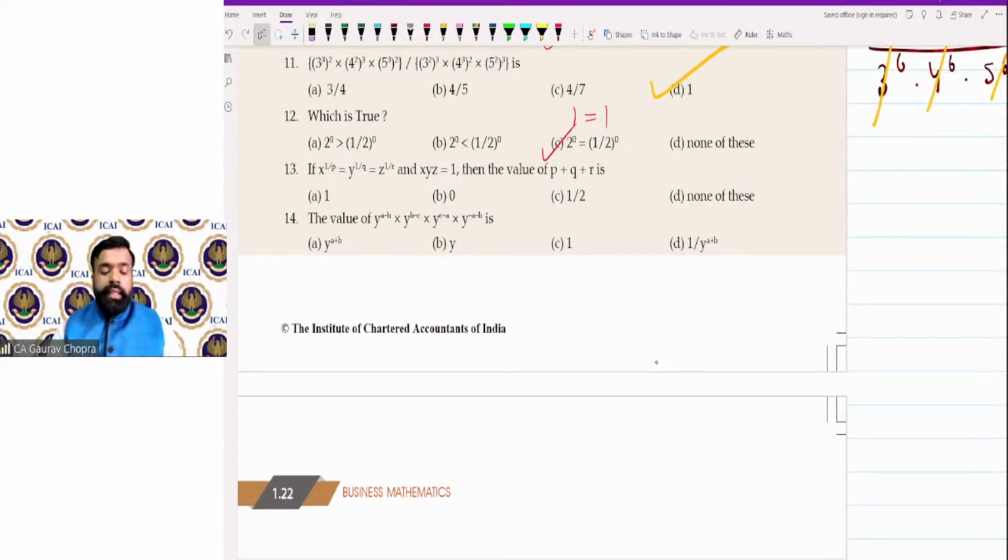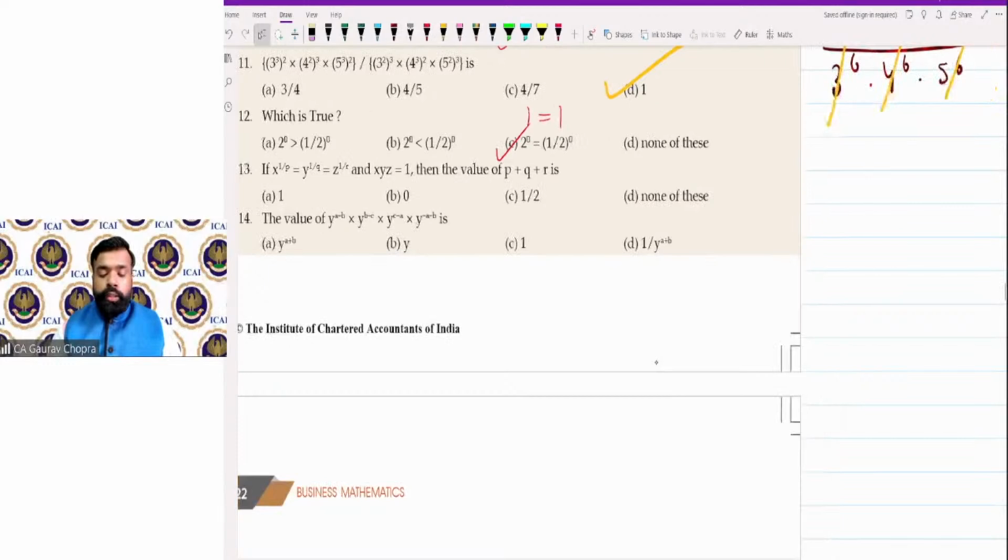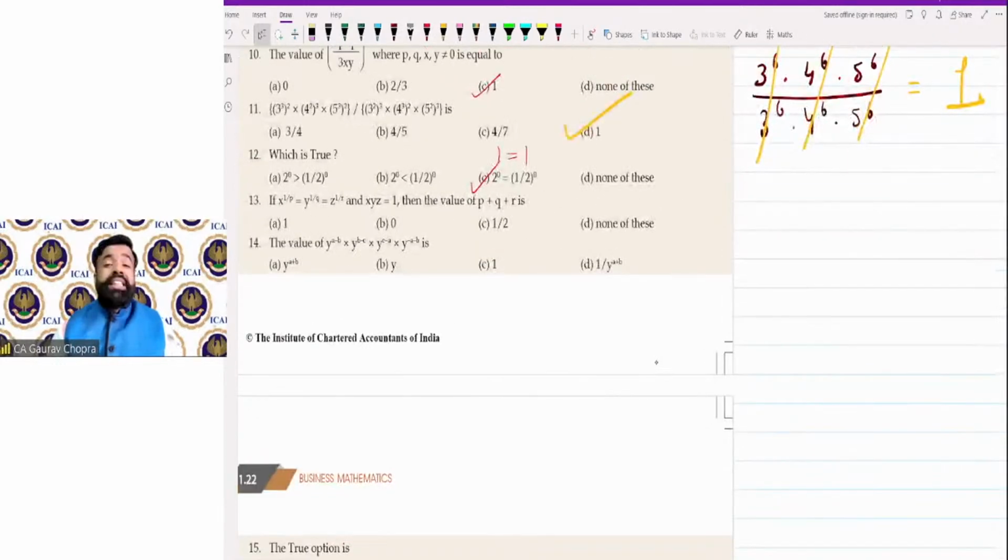Then xyz is equal to 1. Find the value of p plus q plus r. Okay, so this is a completely different type of question. So let us understand this very carefully. This pattern is totally different. x to the power of 1 by p is equal to y to the power of 1 by q is equal to z to the power of 1 by r.